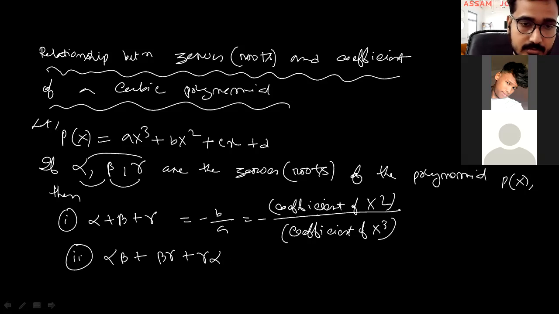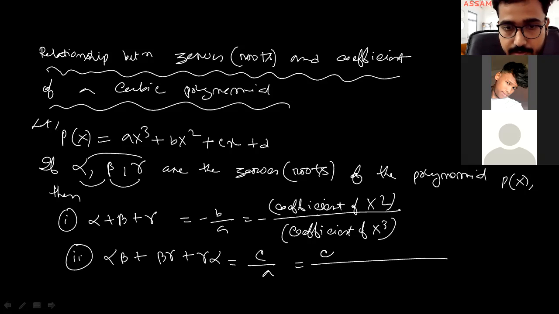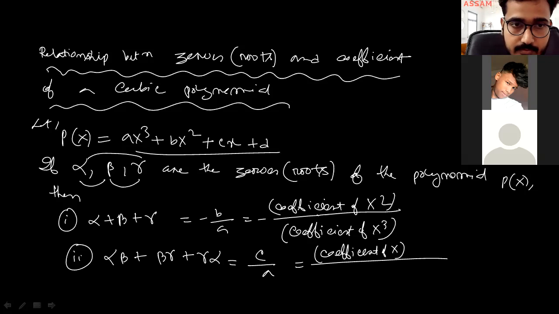Have you understood this one? That means two at a time will come. This is equal to c by a. In this polynomial, c means coefficient of x, and a means coefficient of x cube.